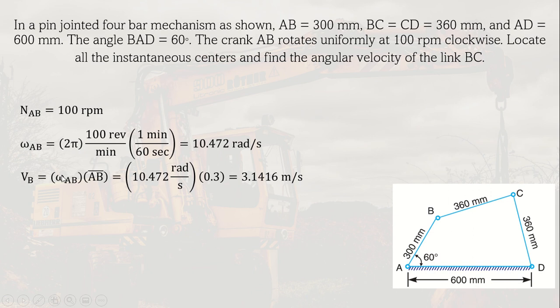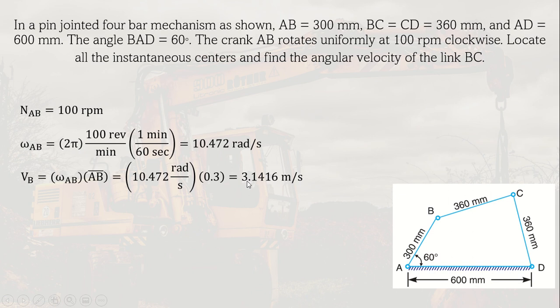So we multiply the result we have earlier by the distance AB, which is 300 mm, or 0.3 meter. The absolute velocity of point B, the linear velocity, not angular, is 3.1416 meter per second.